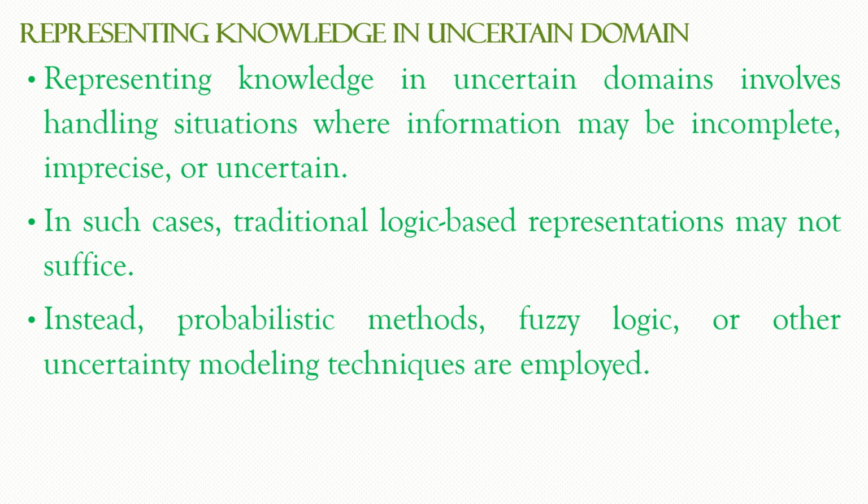Representing knowledge in uncertain domains involves handling situations where the information may be incomplete, imprecise or uncertain. In such cases, traditional logic-based representations may not be sufficient, so we go for probabilistic methods, fuzzy logic, or other uncertainty modeling techniques.